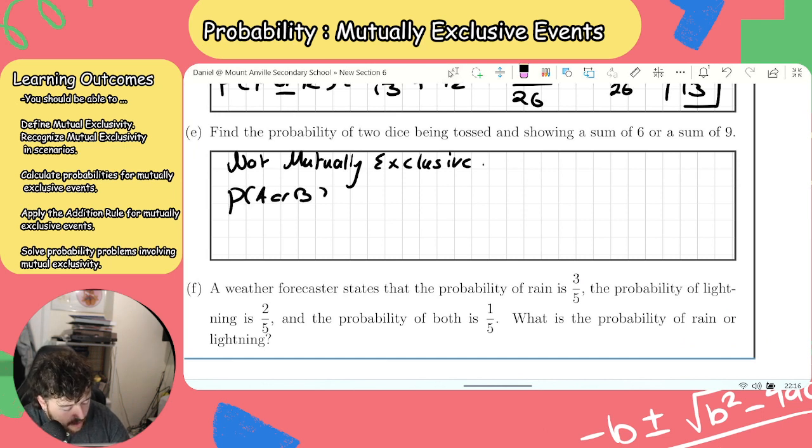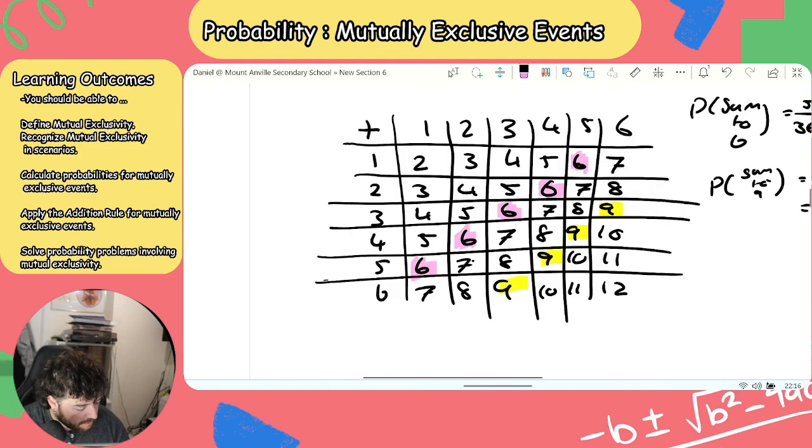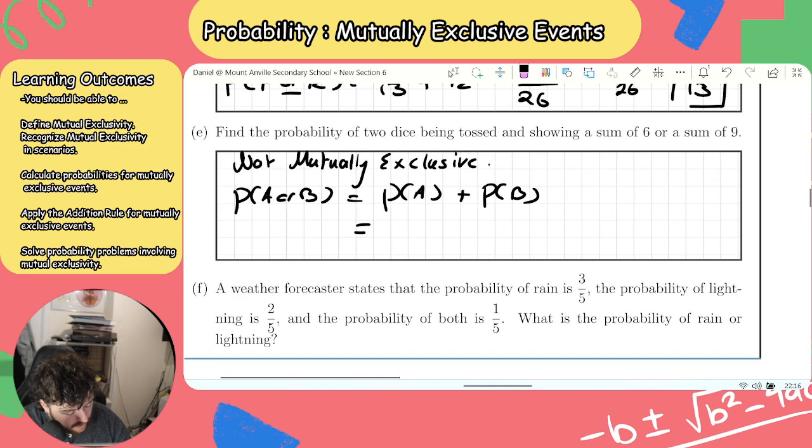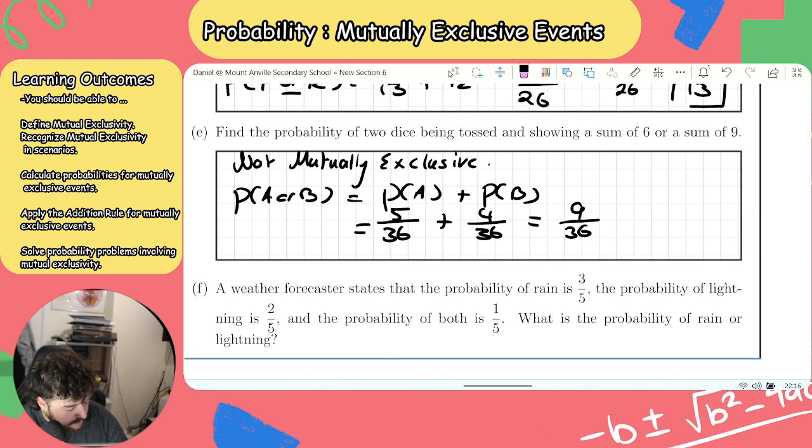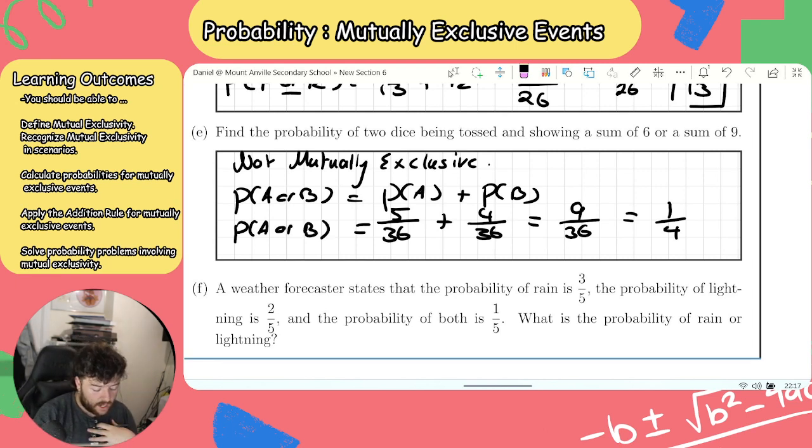A or B: the probability of A plus the probability of B, which is 5 over 36 plus 4 over 36, which is equal to 9 over 36, which is equal to 1/4. So the probability of rolling dice and adding up to 6 or 9 is a quarter.